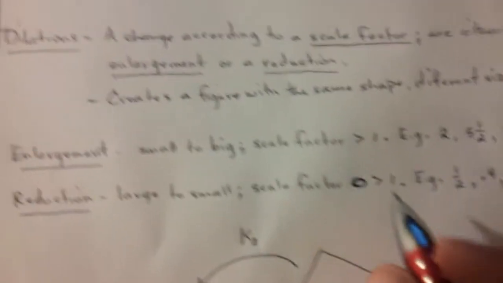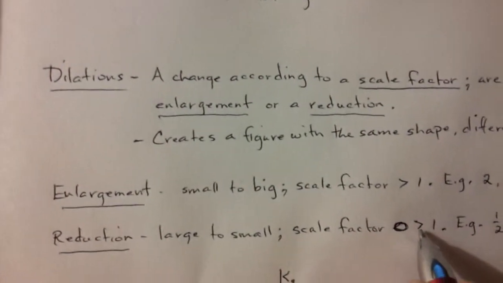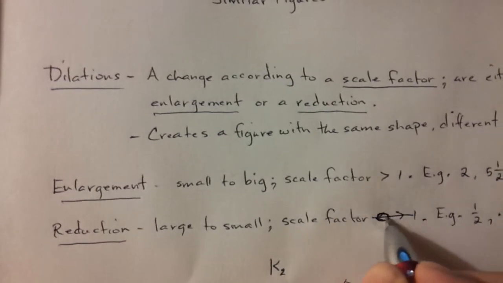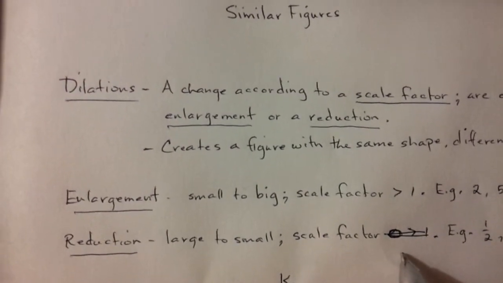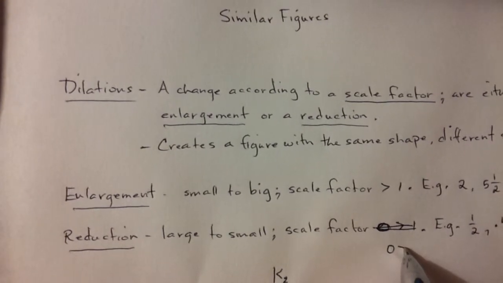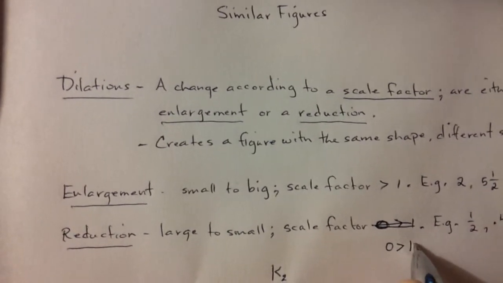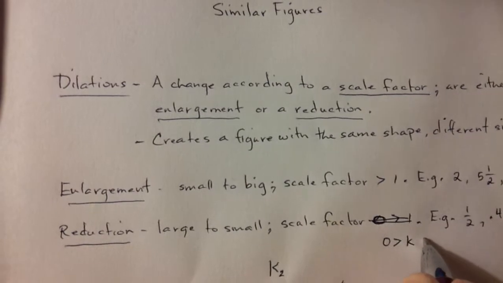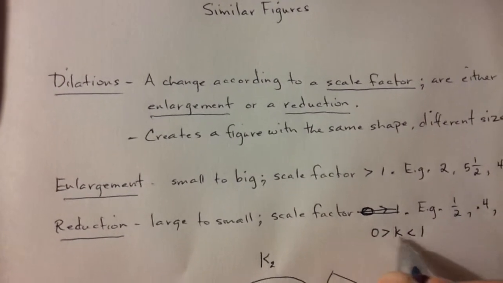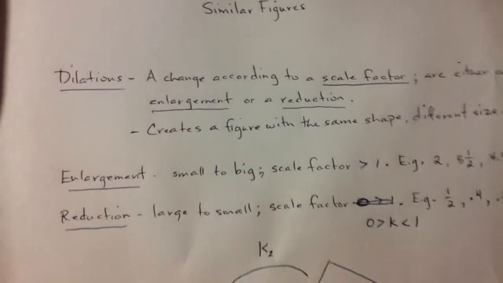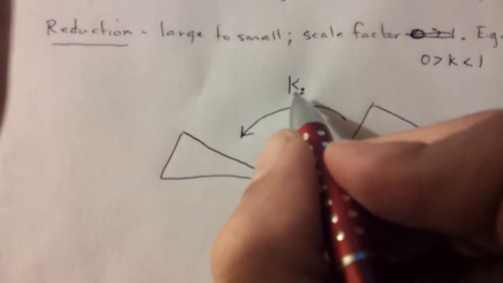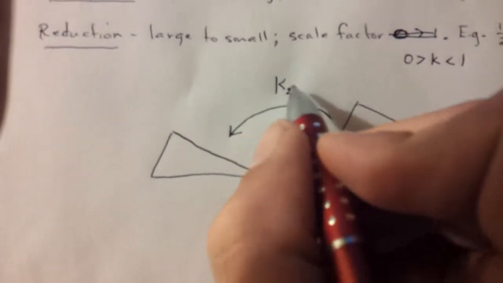So the scale factor k is going to be greater than 0 but less than 1.